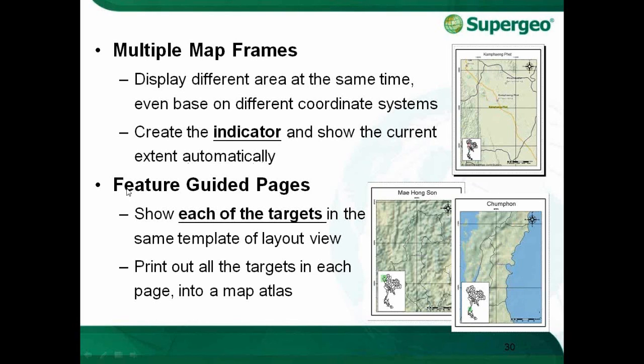Another function you will use is the feature guided page, which shows each of the targets focused on the same layout view, and you can print out all the targets on each page and make it into a map atlas.